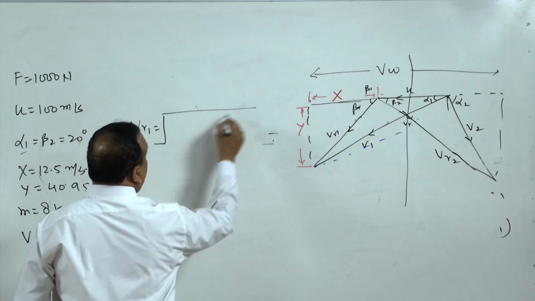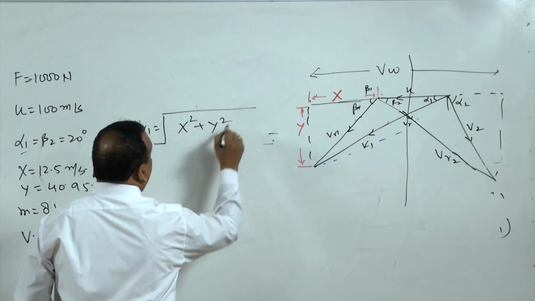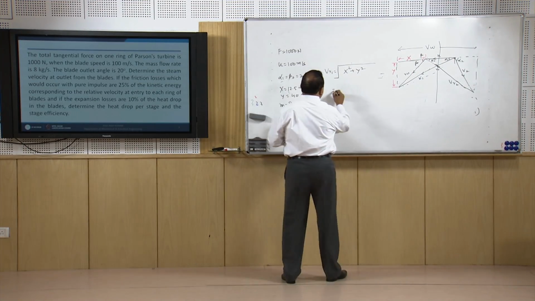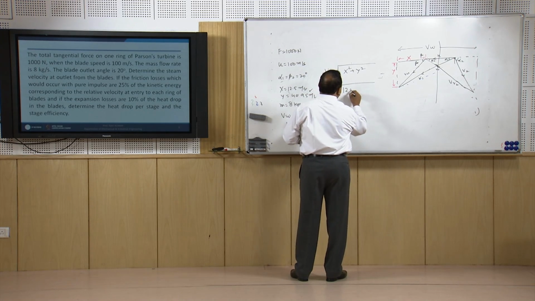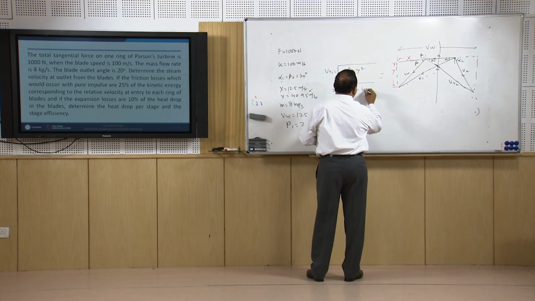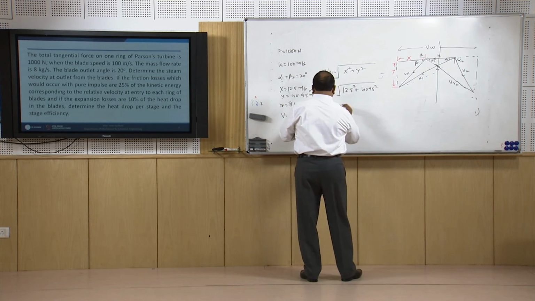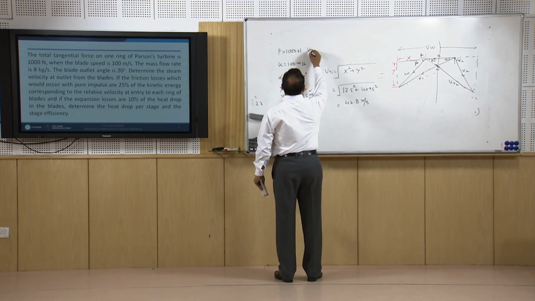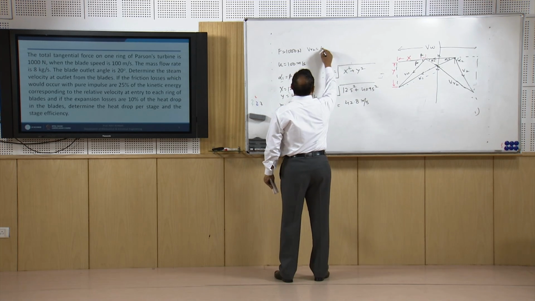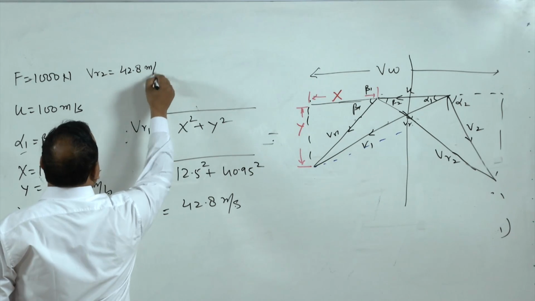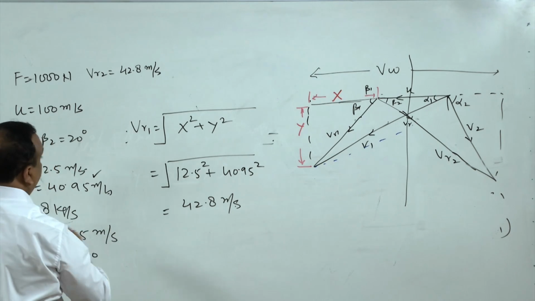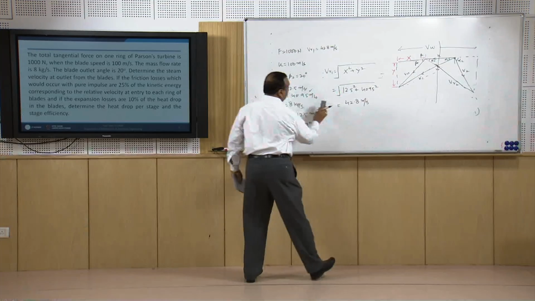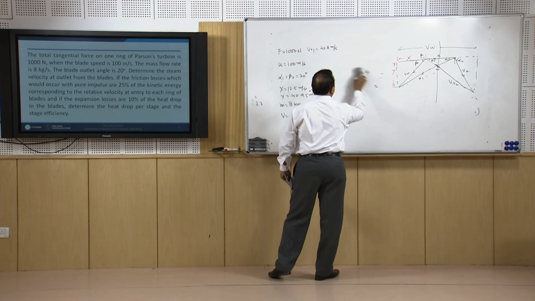VR1 is the square root of x squared plus y squared, which is the square root of 12.5 squared plus 40.95 squared, and this is 42.8 meters per second. Sorry, VR1 is 42.8 meters per second.